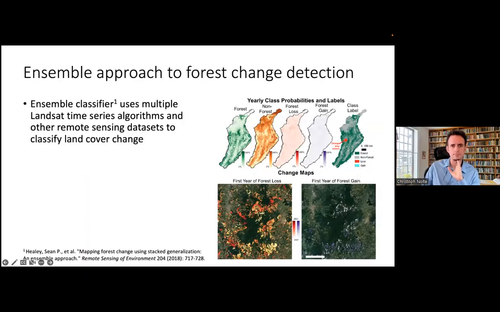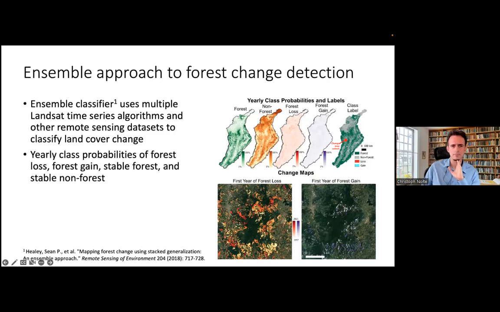So the ensemble approach, as I said before, is applying a couple of different change detection algorithms, deriving the different metrics from those algorithms, and then doing a secondary classification to classify land cover change. And what you get out of that are probabilities, on a yearly basis, of forest, non-forest, loss, and gain.